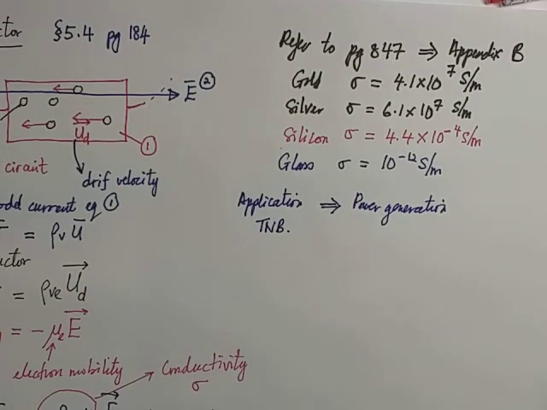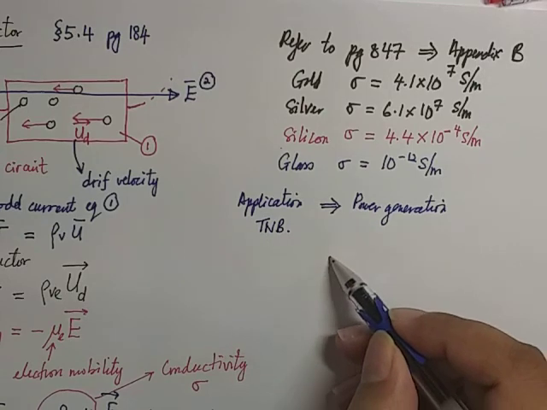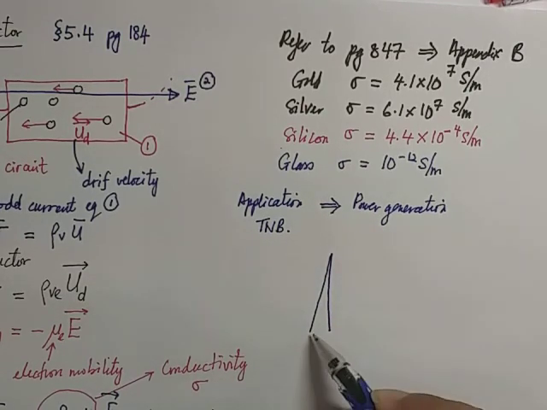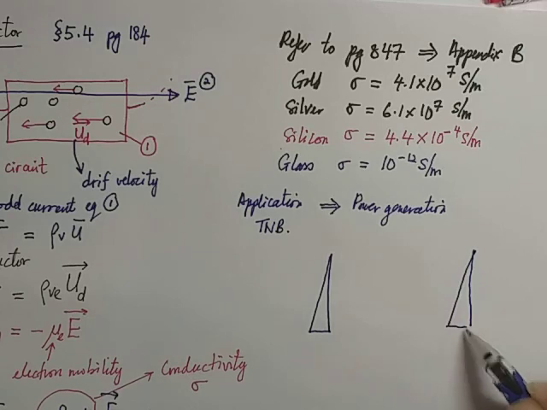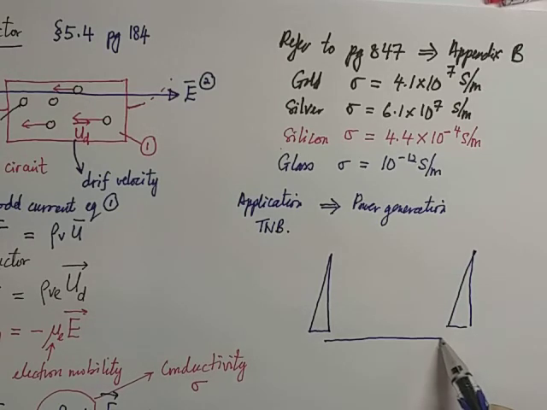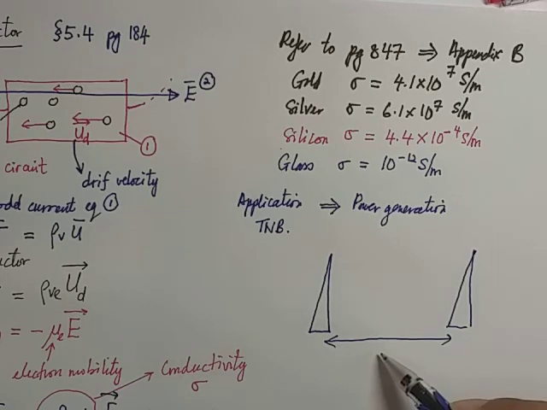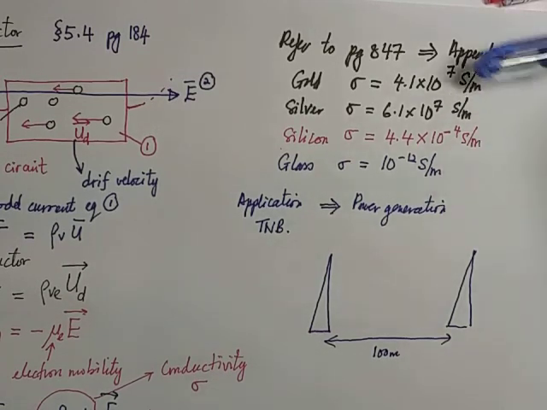Let's draw a typical transmission line that TNB has. You always see a big tower, and then another big tower. The distance depends on the voltage capacity, maybe 50 to 100 meters, so let's make it 100 meters.